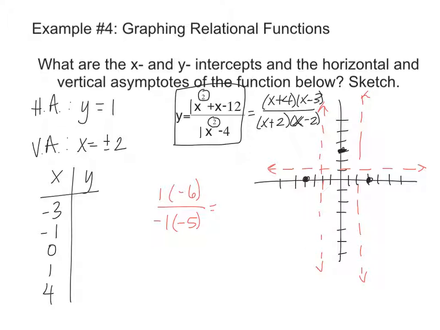So this would become -6 over 5, and so we're going to get a fraction, -6/5, which is a little over -1. So that first point, -3 and then -1 and 1/5, really is just a little bit down here. It's right about there.